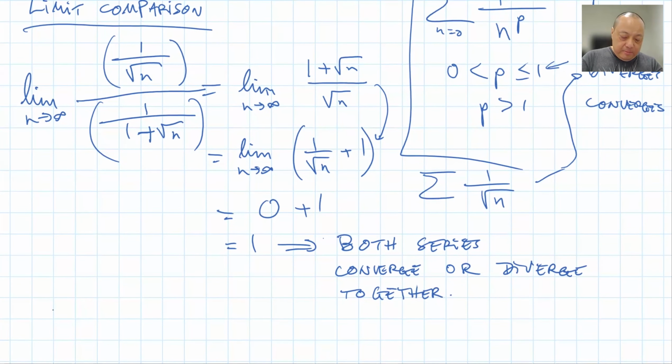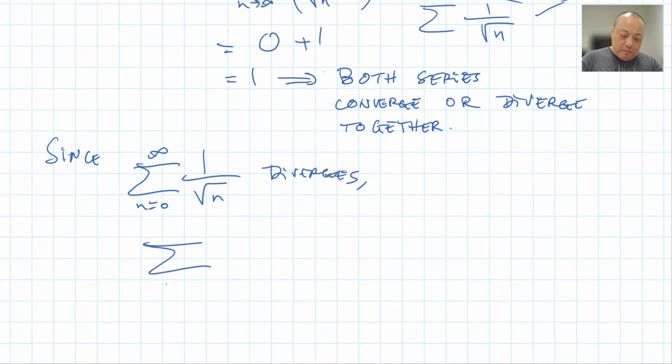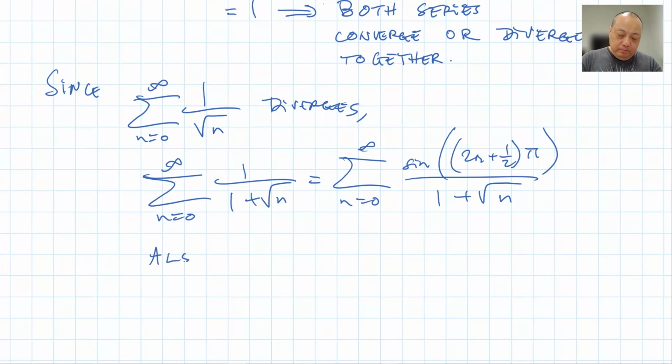And since the p-series with square root of n, which is the series we started with, diverges, there we go. That's your answer.